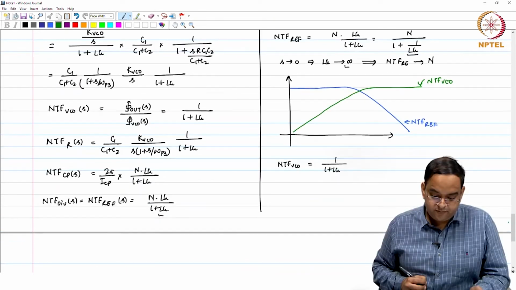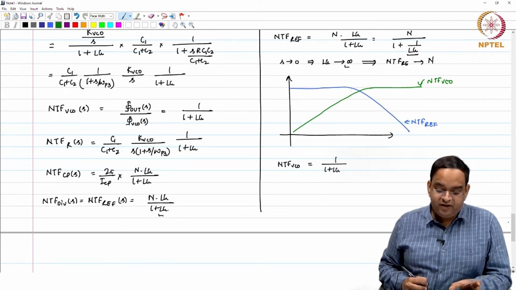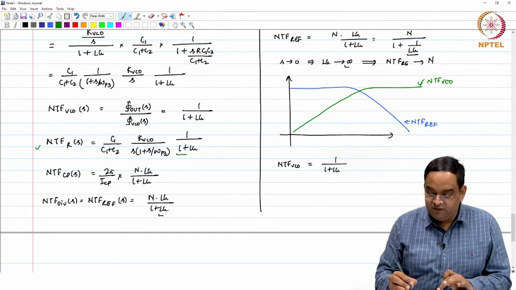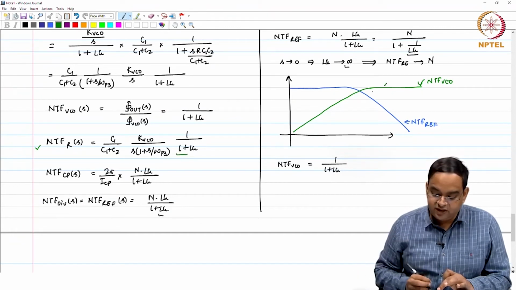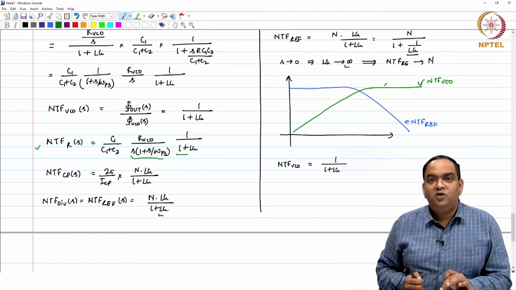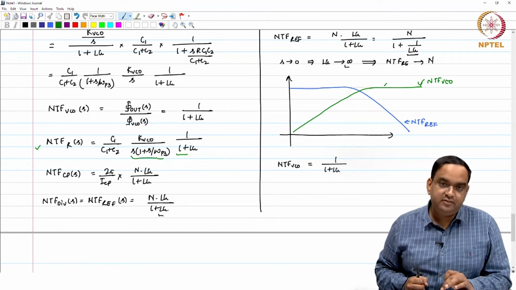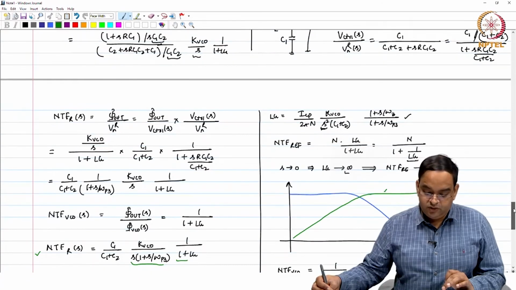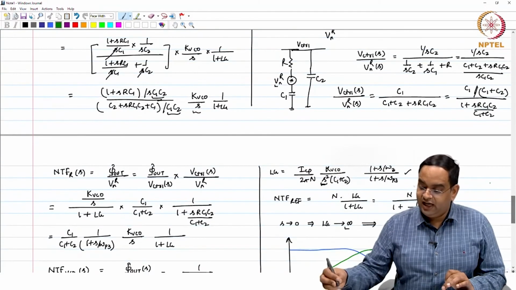Okay. Then NTF of resistor. In NTF of resistor, you have 1 by 1 plus loop gain, so this transfer function is getting multiplied by a low pass transfer function, which is KVCO by S divided by 1 plus S by omega p3. Okay.